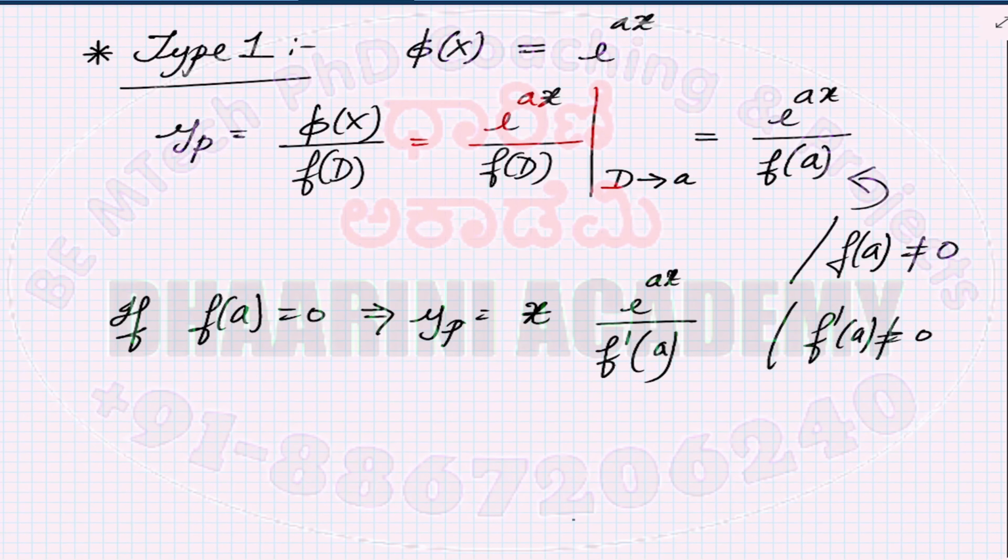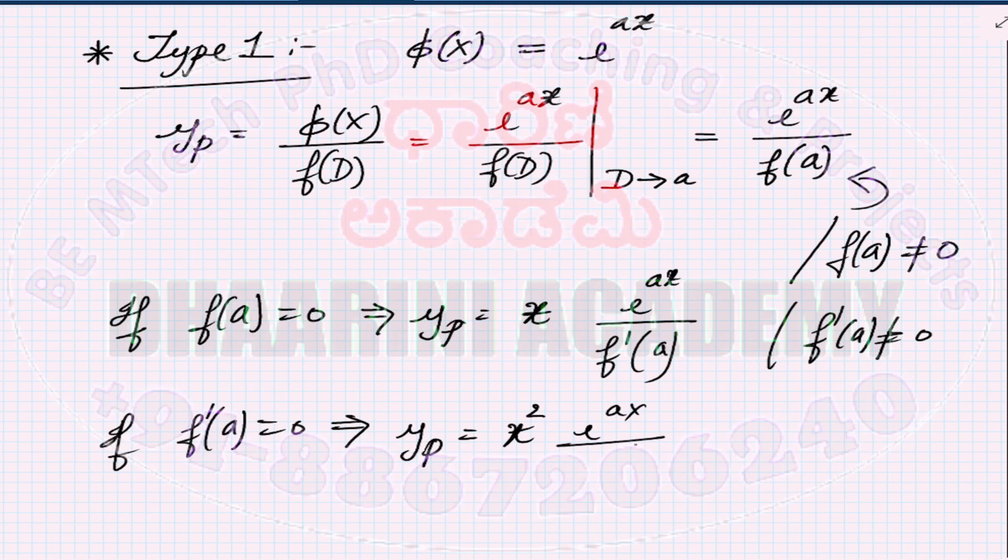So if you find f dash of a becoming equal to 0, this implies yp is equal to, multiplying by one more x, since there is already an x, x squared into e to the ax divided by f double dash of a.